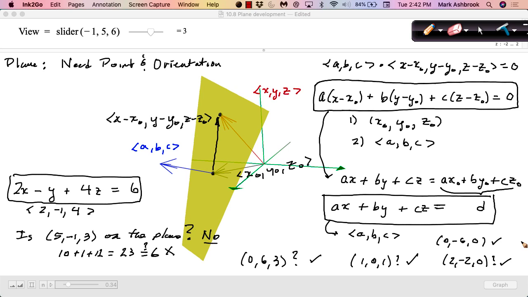So where does it cross the other 2 axes? Some of you found that? What's that? 3, 0, 0. So tell me about crossing an axis then. What does that mean? Right, good. So it crosses the x-axis at 3, and the z-axis at 3 halves.